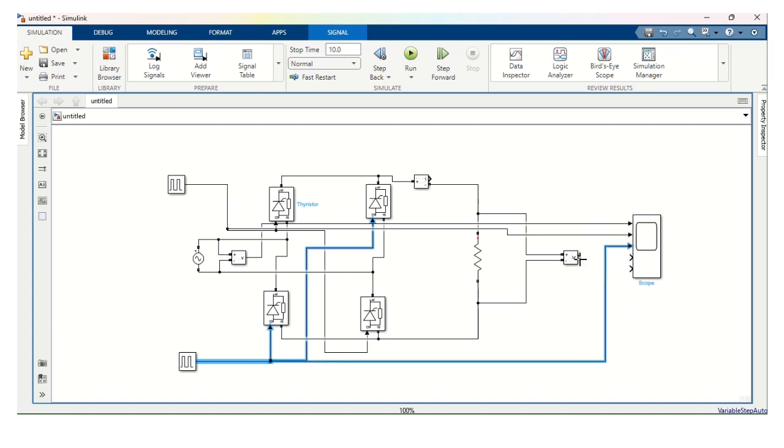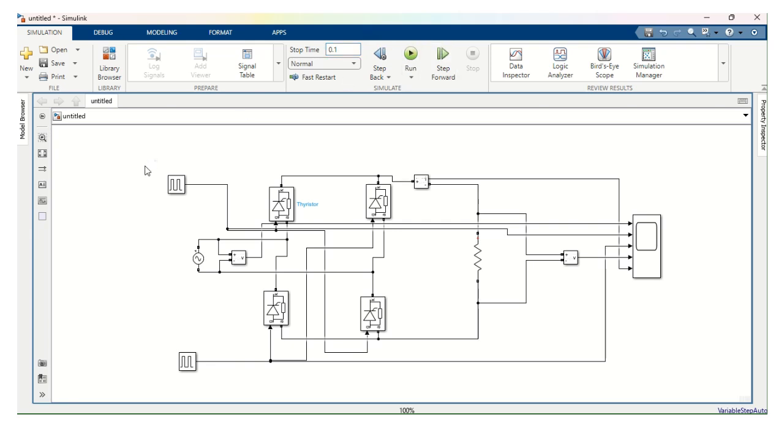The next one, output voltage, is the fourth input. Finally, current waveform will be the fifth input to the scope. So now we have given all the connections. Now let's run the simulation. Stop time, let's keep it as 0.1. So we will get 5 cycles.